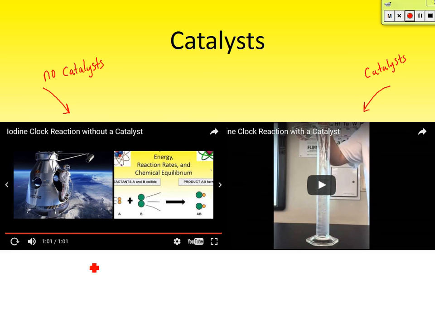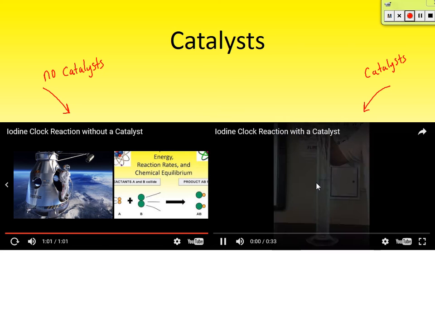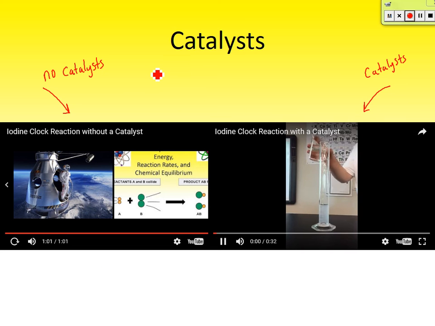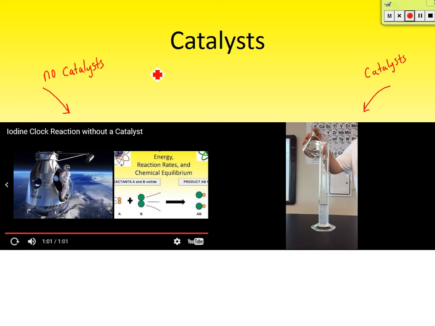Now let's watch the same reaction, but this time there's a catalyst involved. So again, we pour the substance into the graduated cylinder, but now watch and notice how long it takes for that reaction to go to the top of the tube.